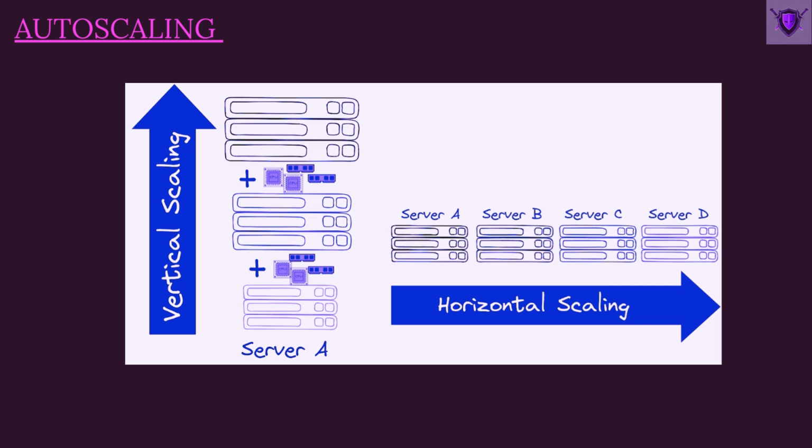Remember, we talked about the high level of automation and we said that there should be automation because we need to have less human intervention. Now, this whole concept of auto scaling, that the servers can add more CPU or RAM, or it can scale more servers, is all referring back to the automation part of it.